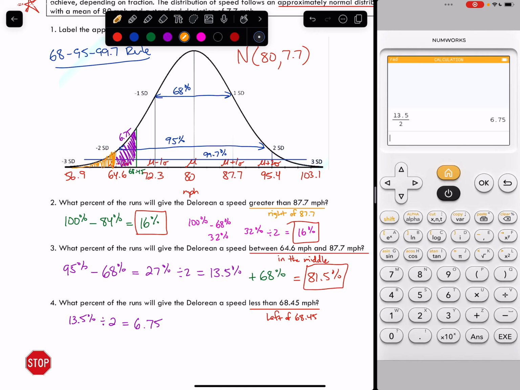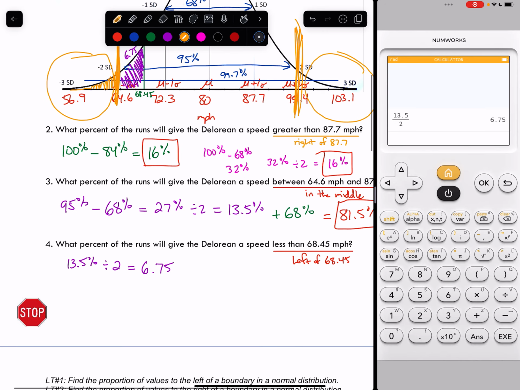And so we can kind of think about the fact that from -2 to +2 is that 95%. So that means the full outsides, right? This left tail and this right tail must be the remaining 5%, right? Because 100% minus 95% gives us 5% to work with.